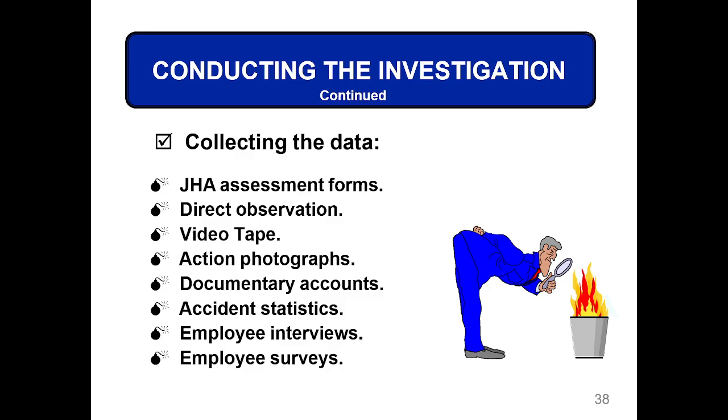Videotape, sometimes you find there were cameras, so you go and cut off that part before and after the accident happened. Action photograph, documentary accounts, accident statistics, employee interviews, and then employee surveys.